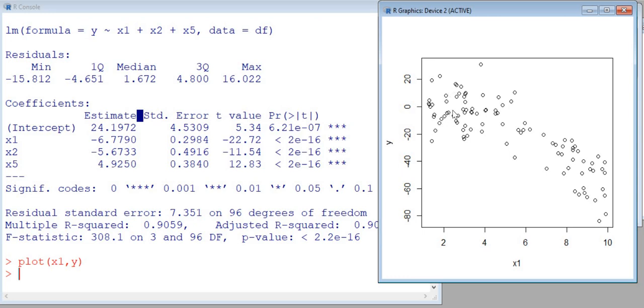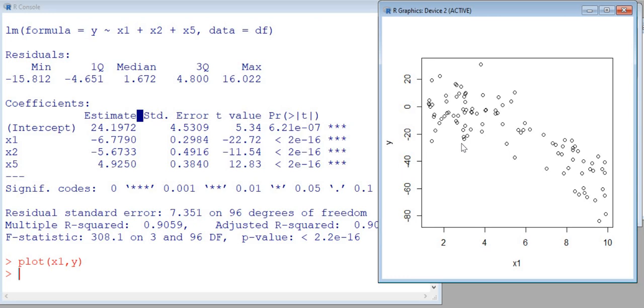And then at some point it just changes direction. So that's an indication that we need to put in a quadratic or something that represents the curvature. So there's an indication that we should put in the quadratic term or a higher order term in the model.